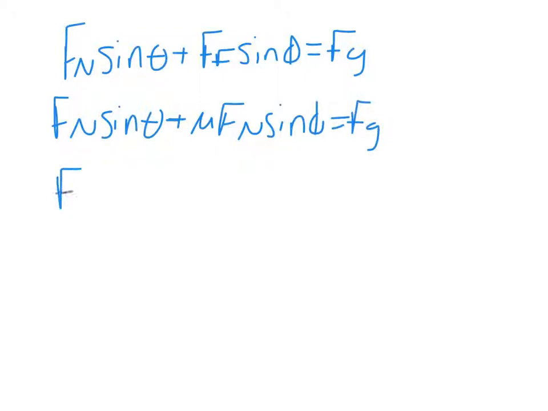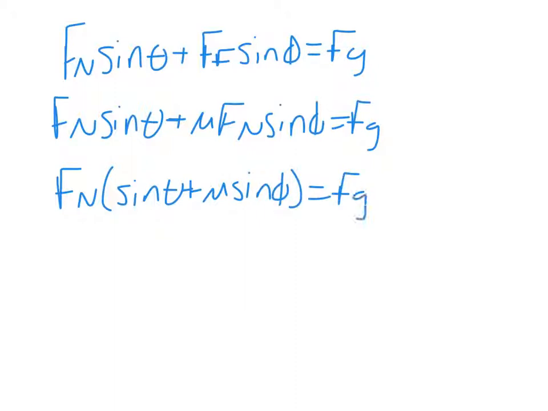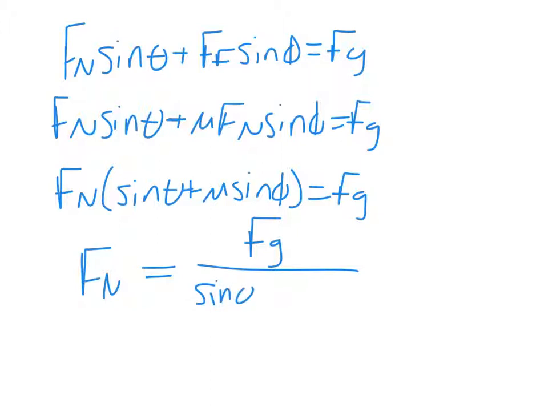Factoring out Fn, sine theta plus mu sine phi equals Fg. And again, isolating Fn all by itself, we get Fn equals Fg over sine theta plus mu sine phi. So two equations for normal force. Let's set those equal to each other.